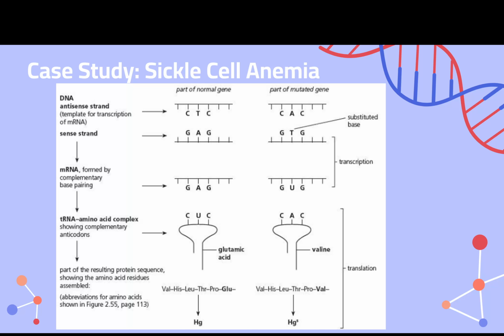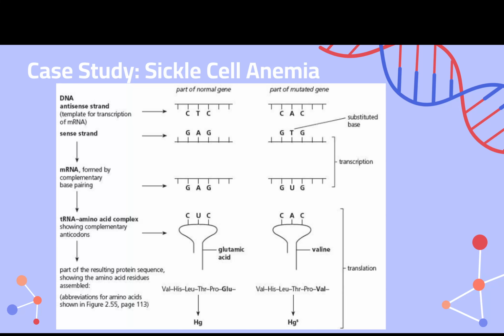But when it's mutated, the DNA sequence will have a CAC against a GTG instead of a CTC against a GAG, which means that the A and T are swapped, which is a substituted base.